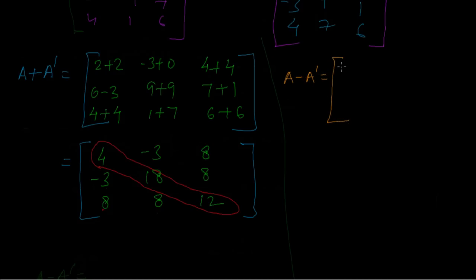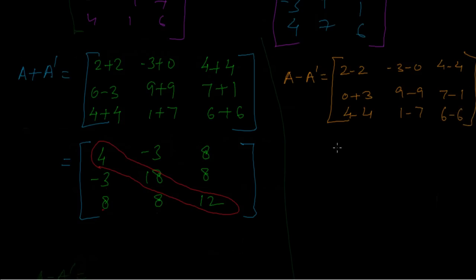We subtract: 2 minus 2, minus 3 minus 0, 4 minus 4, 0 plus 3, 9 minus 9, 7 minus 1, 4 minus 4, 1 minus 7, 6 minus 6.